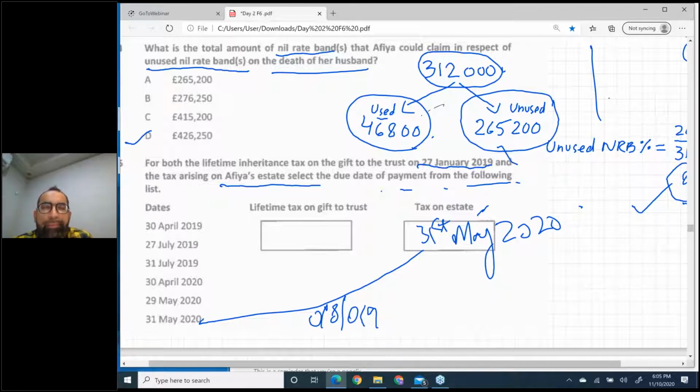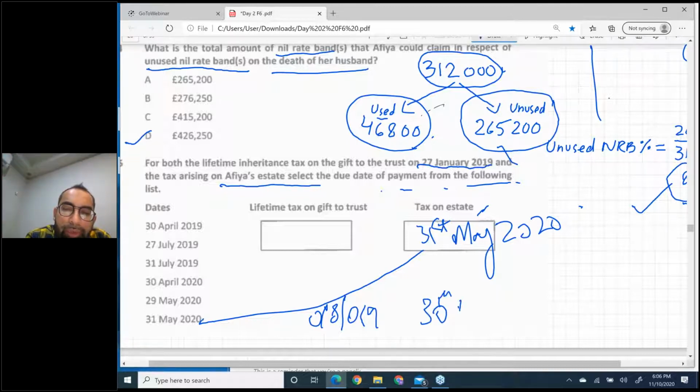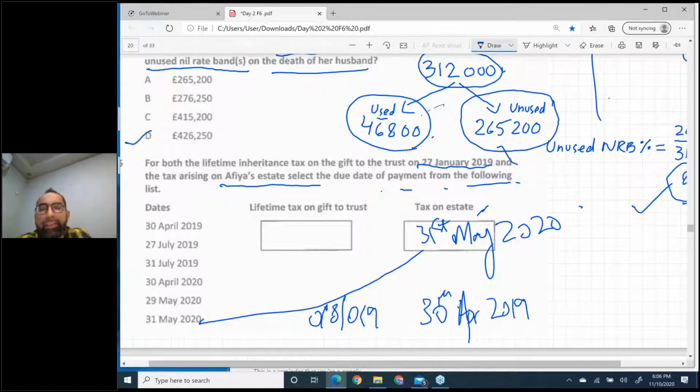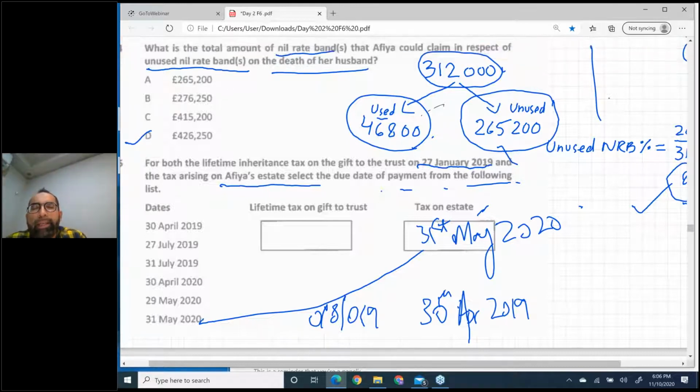The first due date is 30th April following the end of the tax year in which the gift arises. The gift arises in 18/19, so after that the 30th April is 30th April 2019. Keep this date in mind.